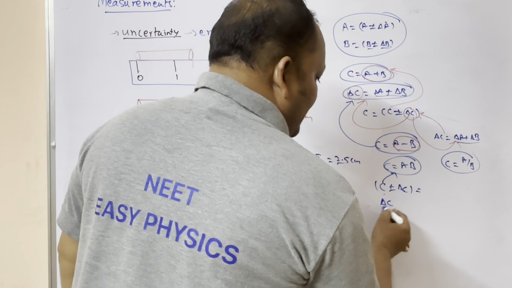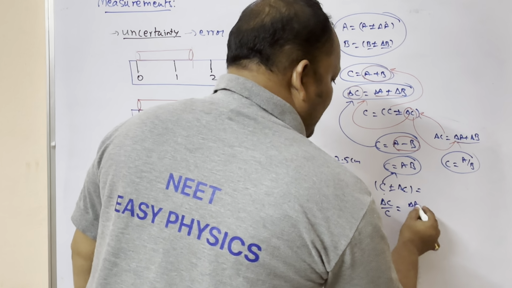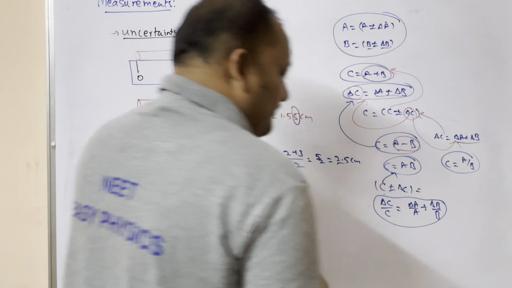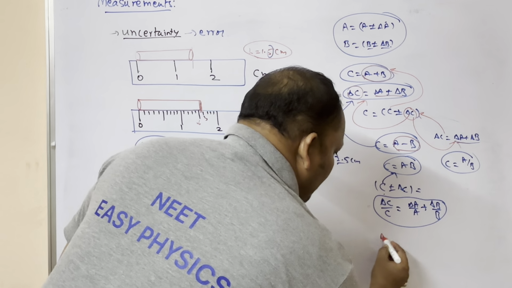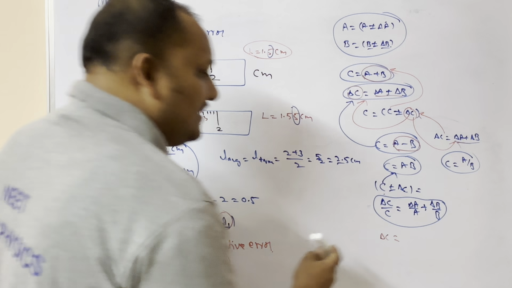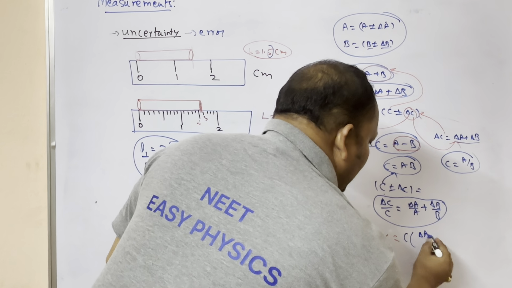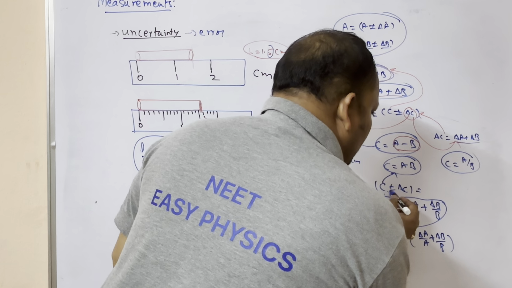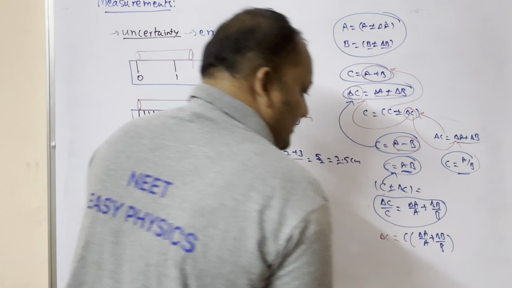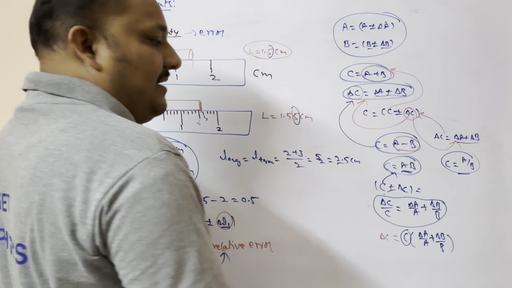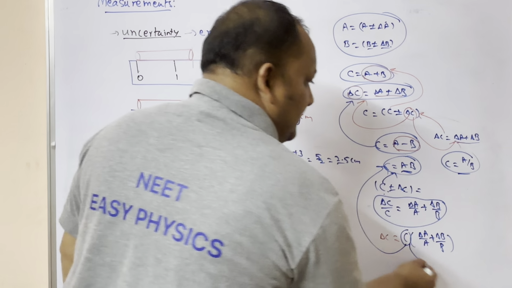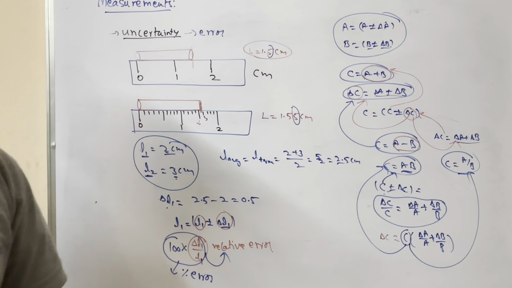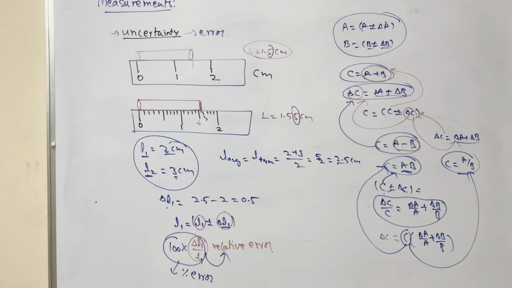Delta C by C is equal to delta A by A plus delta B by B. Now delta C is going to be equal to C into delta A by A plus delta B by B, for both multiplication and division. For multiplication we write C as AB. For division we write C as A by B. Now we will see one example problem on this, then you will understand.